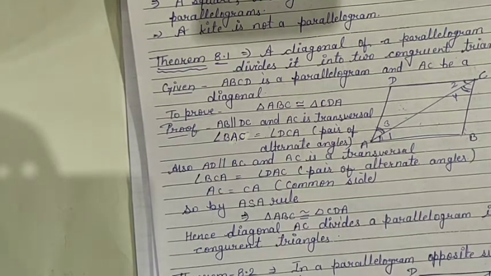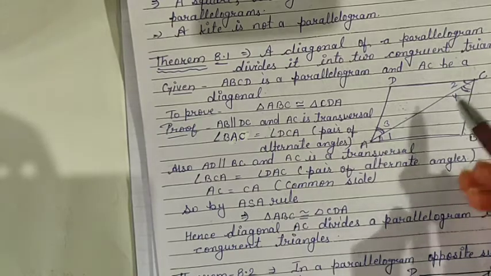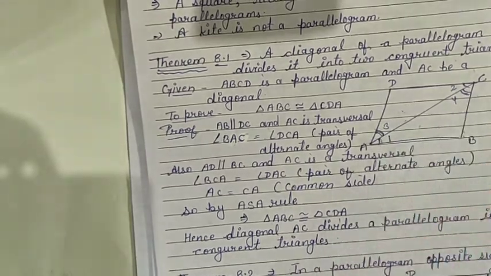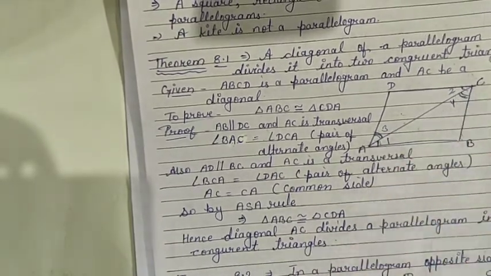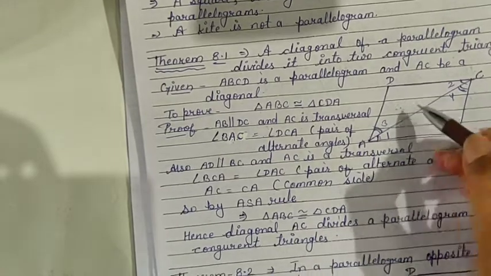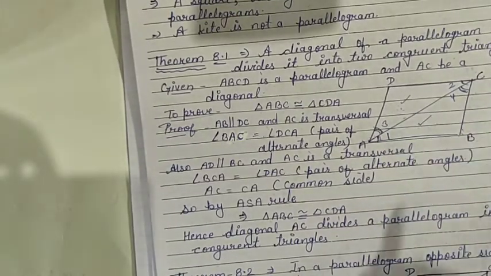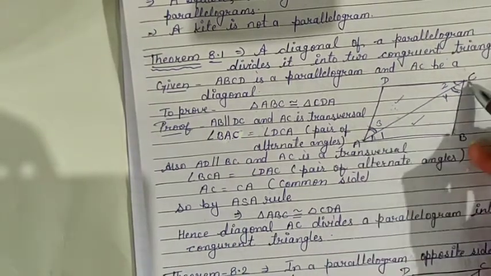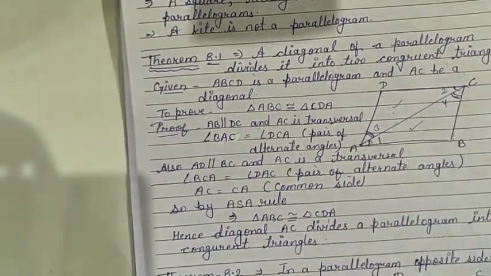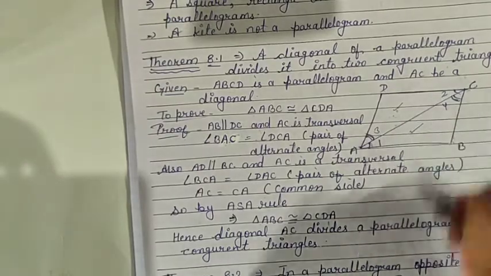Friends, what we did in this theorem: this is a parallelogram and this is a diagonal of it. We have to prove these two triangles congruent to each other. Firstly, AC equals AC, because this is the common side of the two triangles.